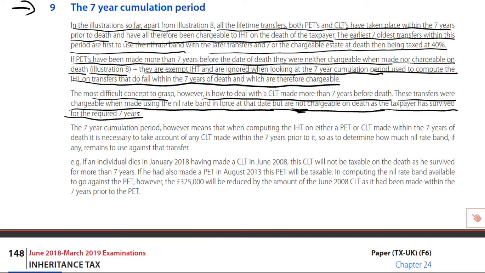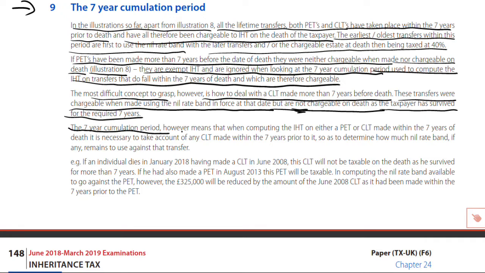So they were chargeable when made, not chargeable on death. So all that is chargeable on death is the transfers that occurred within the 7 years before death. But in taxing any one of those transfers, you need to know what amount, if any, of the nil rate band is still available. And that was by using this 7-year cumulation period.